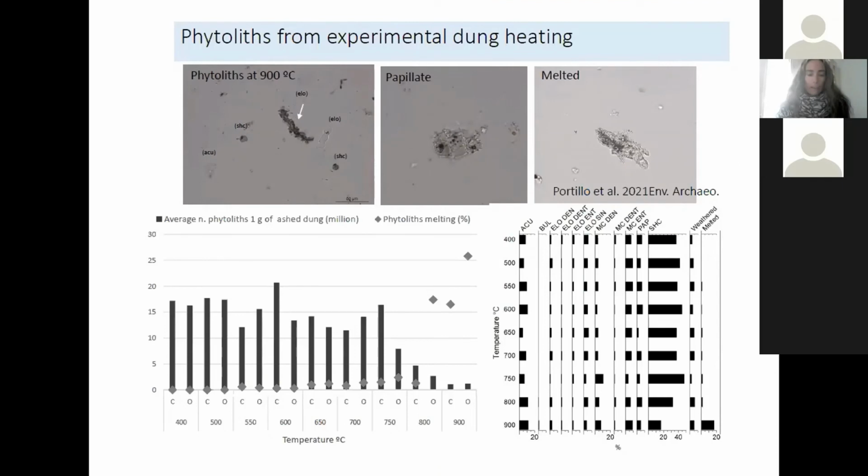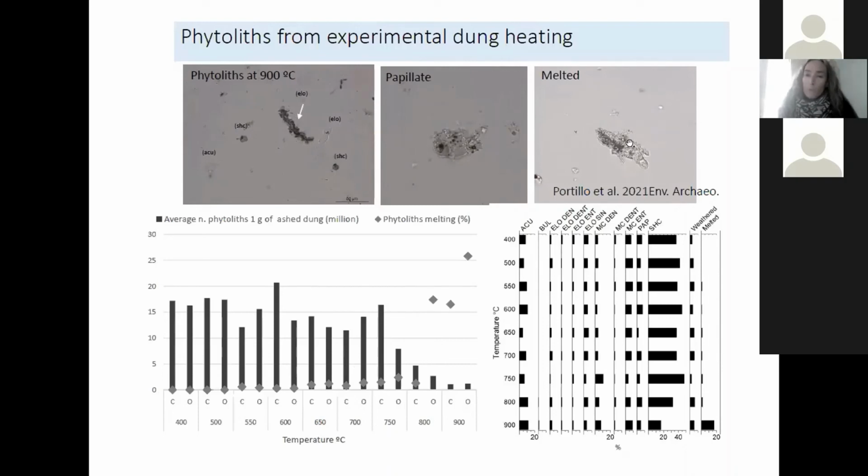These are the results for the phytoliths. We did temperatures between 200 degrees and 900 degrees. As you can see, the heating effects are visible especially from 800 degrees onwards, but they still resist temperatures as high as 900 degrees. Here we have these dendritic characteristic phytoliths at 900 degrees. But what happens is the melting.